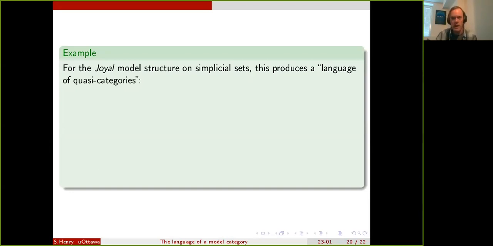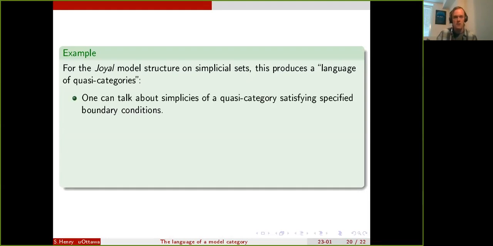It gives you a language to talk about quasi-categories, where you can talk about the simplices, the n-simplices for all n, of the quasi-category, which have to satisfy some specified boundary conditions. For example, you can consider the type of all one-simplices with specified source and target, or the type of all three-simplices where the boundary two-simplices were previously specified.